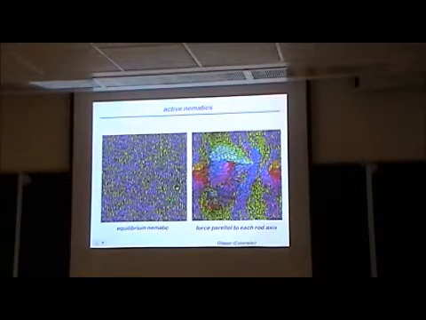So here's a system where you just have hard rods. This is a hard rod nematic, well into the nematic phase. There are no connections between the rods or anything. Some are up. Again, they're colored according to their orientation. All right, so that's what it looks like in equilibrium.